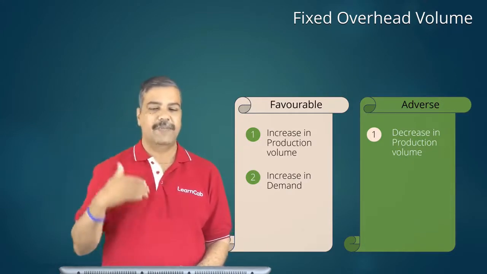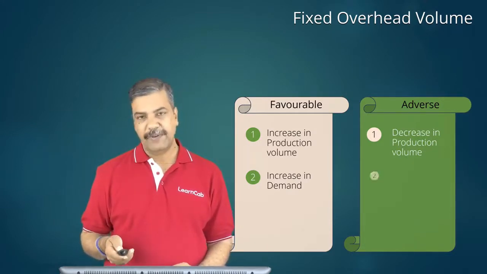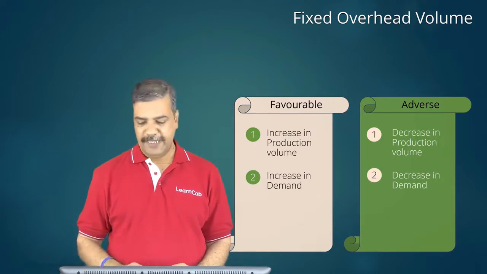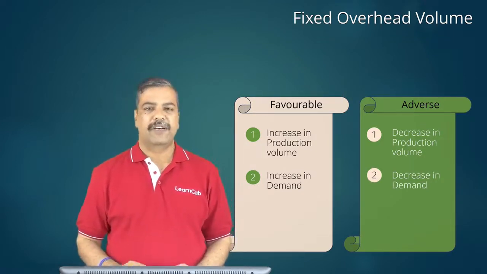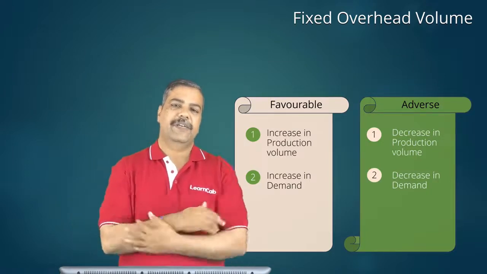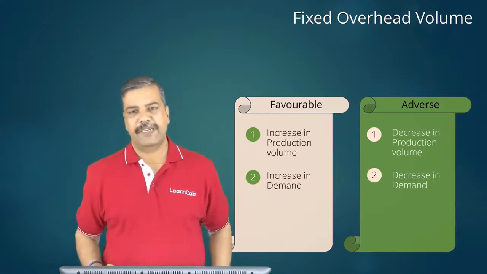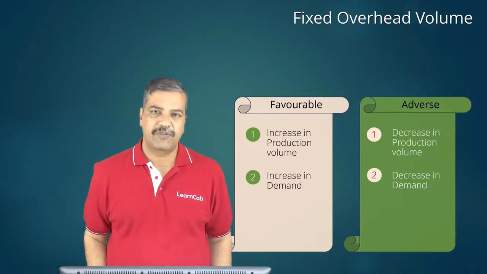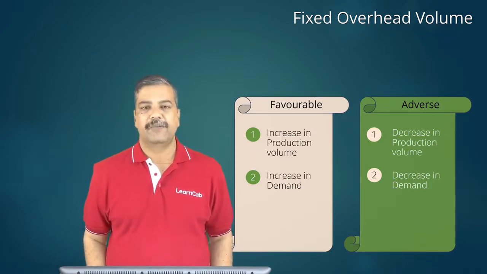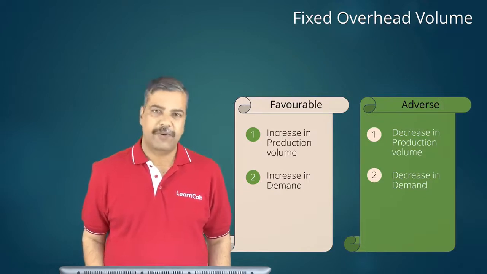That's what it means. But when we talk about the adverse effect, whenever there is a decrease in demand, which is because of various reasons, and if the demand for that particular product is coming down, that means your manufacturing activity is also not continuing, because when there is no demand, there will be no manufacturing.